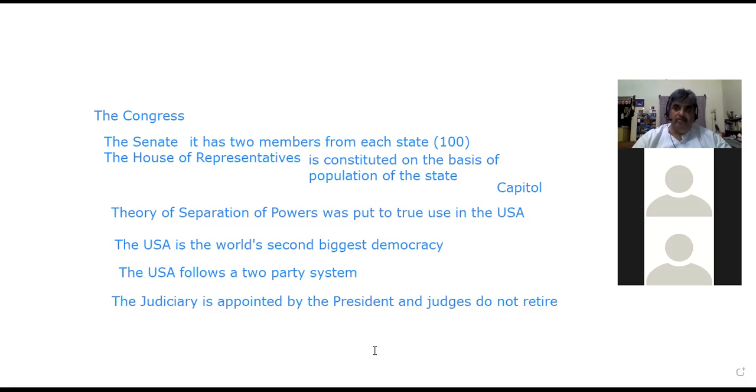When I say judges do not retire, the judges have no age of superannuation.